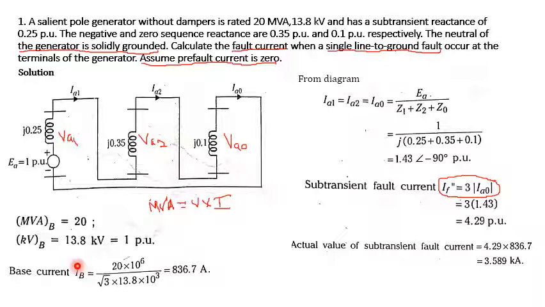So 20 MVA divided by 13.8 kV, root 3 for the line voltage, we get 836.7. Multiplying this per unit value by the base value, you get the absolute value of the current. This is the answer we got for this problem.